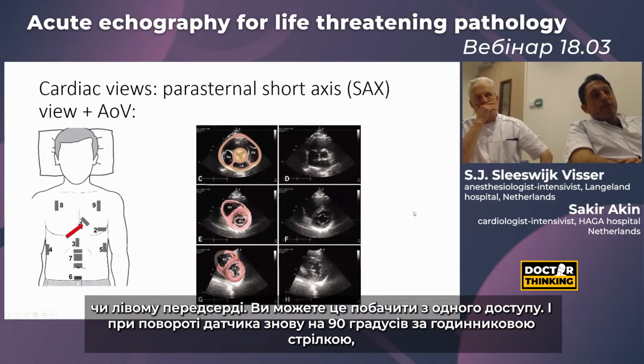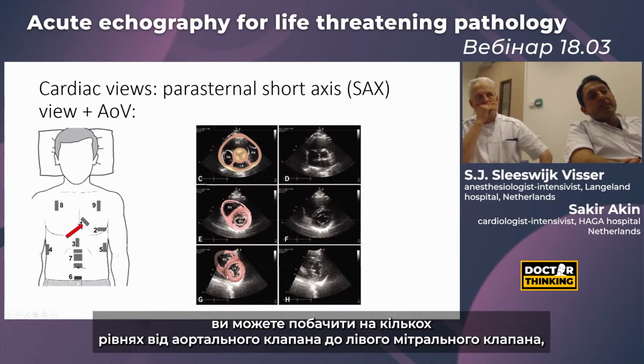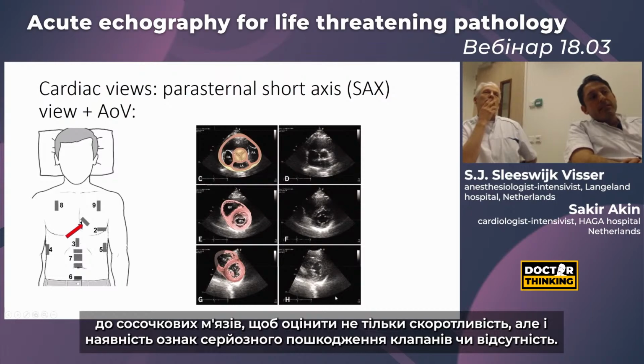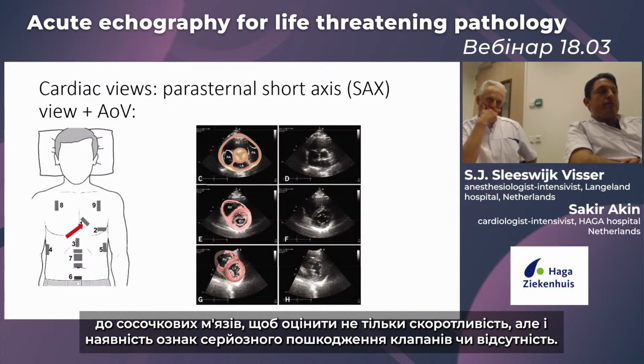And by turning the probe again 90 degrees clockwise, you can see at several levels, from the aortic valve to the left mitral valve to the papillary muscles, to assess not only the contractility but also whether there are signs of severe valve regurgitations or not.